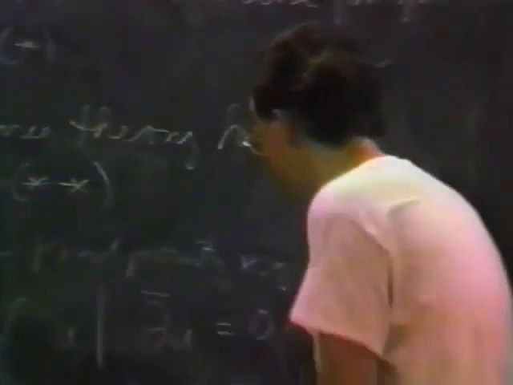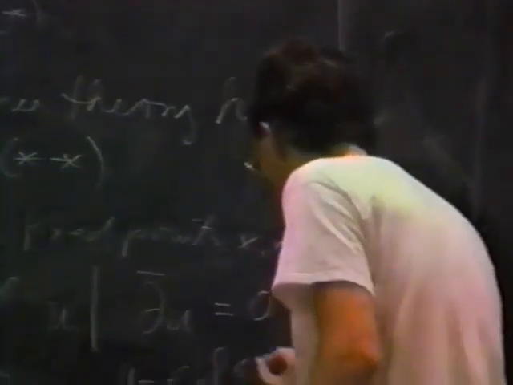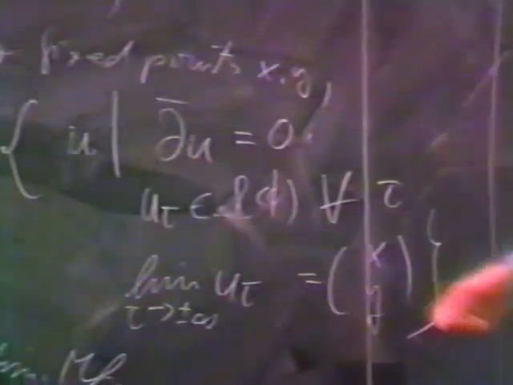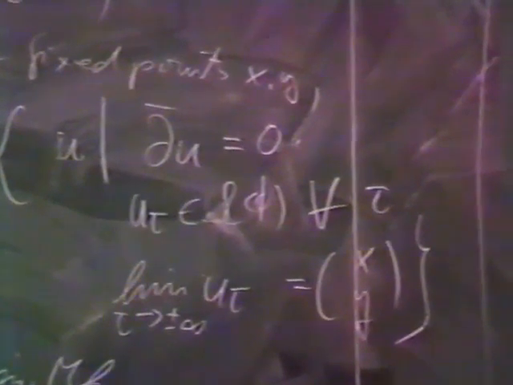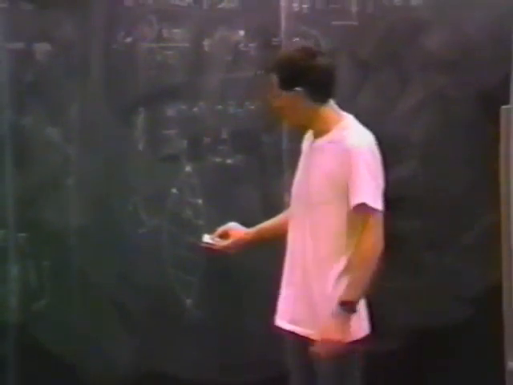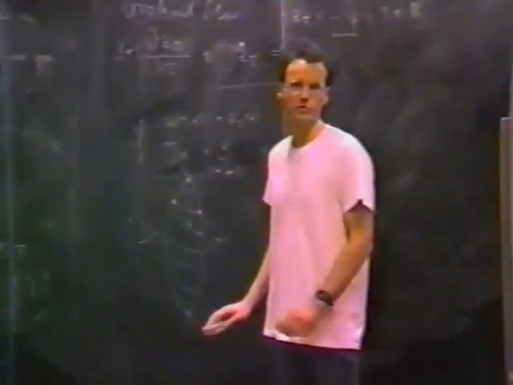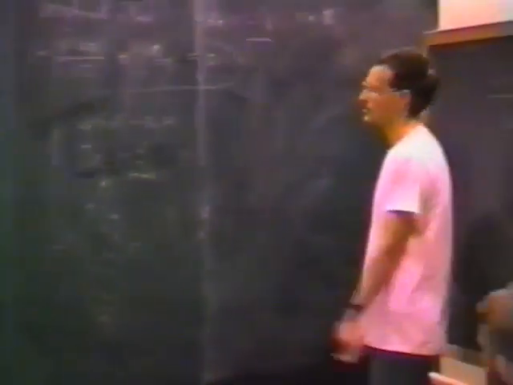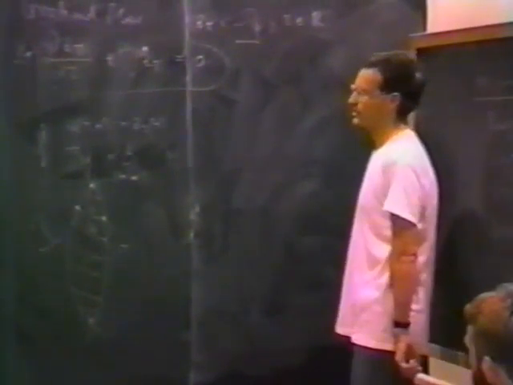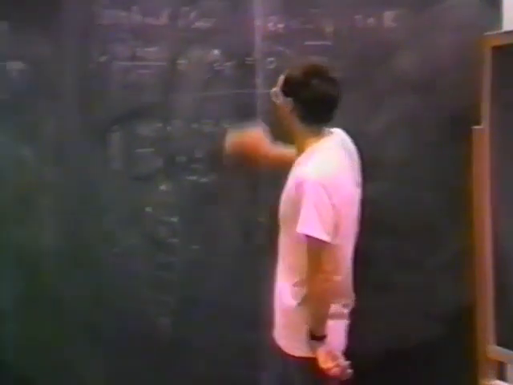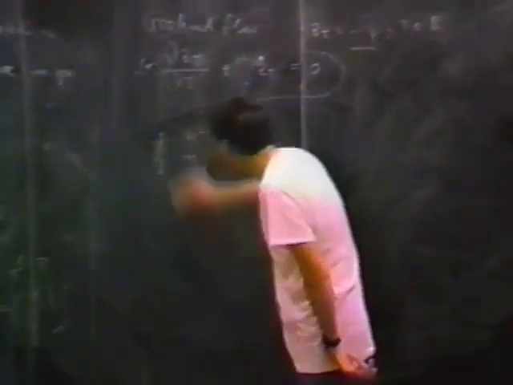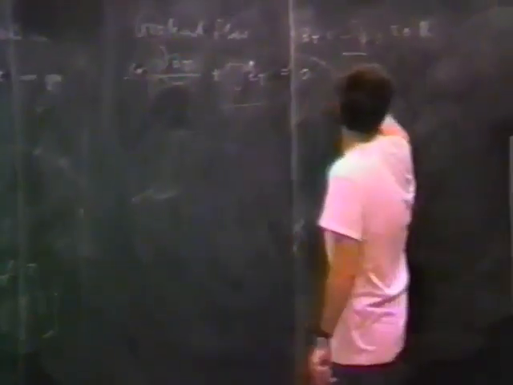What is the u tau omega? Not sure what it is. Yeah, u tau is supposed to be in omega of phi for each tau. So there are boundary conditions here and here, and there are boundary conditions here and here, which just fit together so nicely that I get a nice Fredholm linearization there. Now, why should that help us?